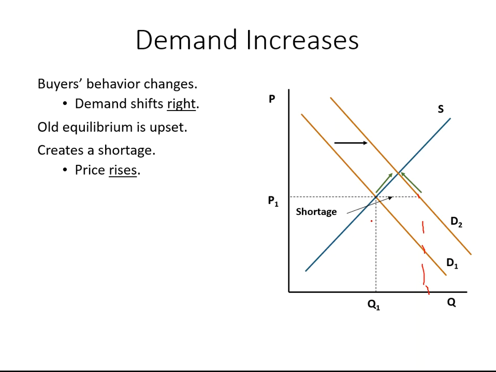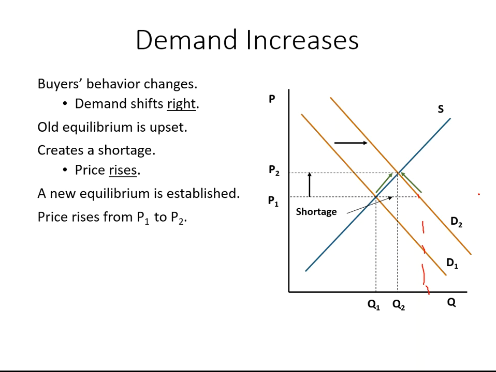So in order to close this shortage, the price has to go up. If we have a shortage and more people are fighting over the product, they eventually have to drive the price up. Once the price goes up, it will stop at the new intersection, which will be between supply and D2.